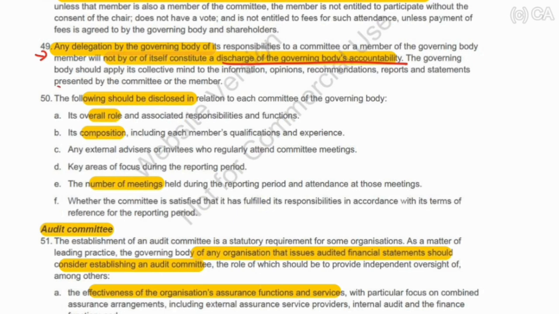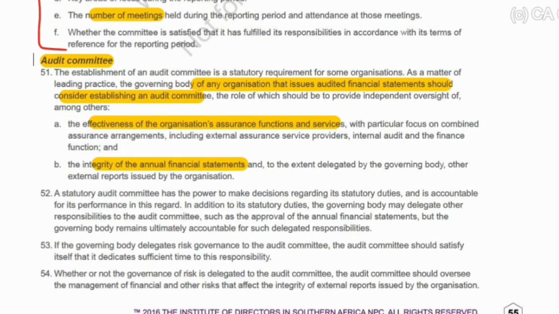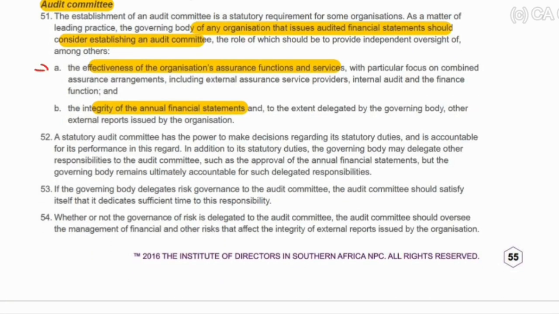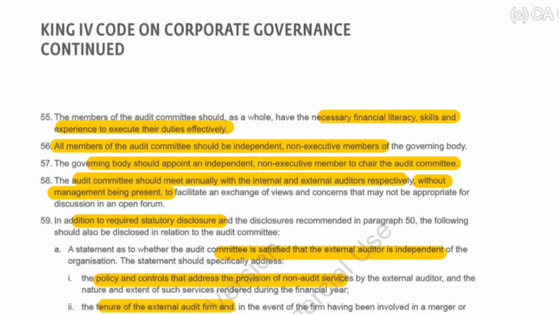Here's that disclosure paragraph that all committees need to disclose. And then they go into the audit committee itself. Okay, they're responsible for that assurance function, internal and external, making sure that they're working together, and the integrity of the financials.